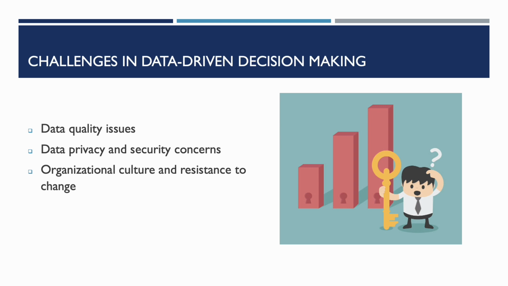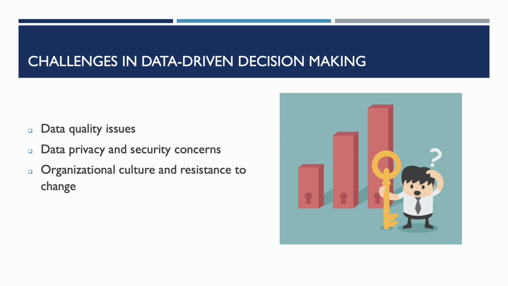So as we already know that it has a lot of benefits, but it also comes with its own set of challenges. So understanding these challenges is crucial for effectively implementing a data-driven approach in any organization. Well, first one is data quality issues.